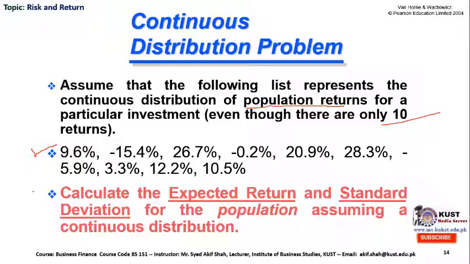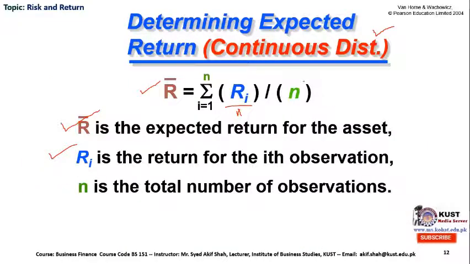The question asks us to calculate the expected return. So simply you can add up all these 10 values and divide by 10, which will give you the expected rate of return. Similarly, you can also calculate the standard deviation for this population, assuming a continuous distribution. This is your task, students, to use this data to calculate the expected return with the help of this formula, which is quite simple and easy.